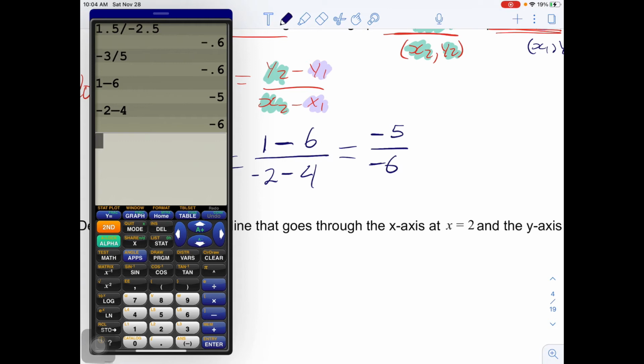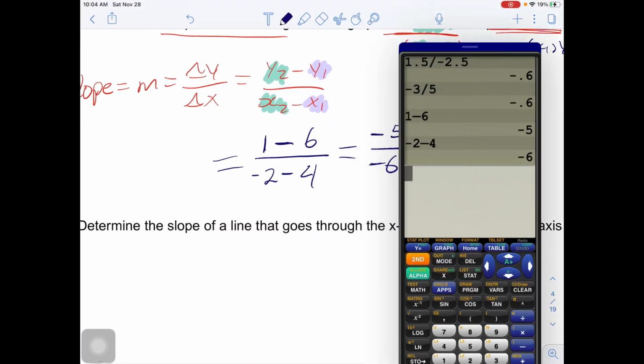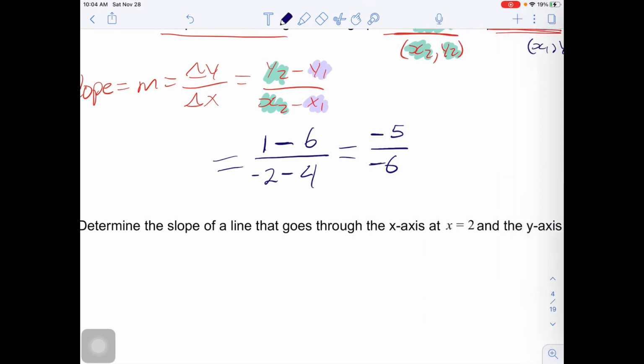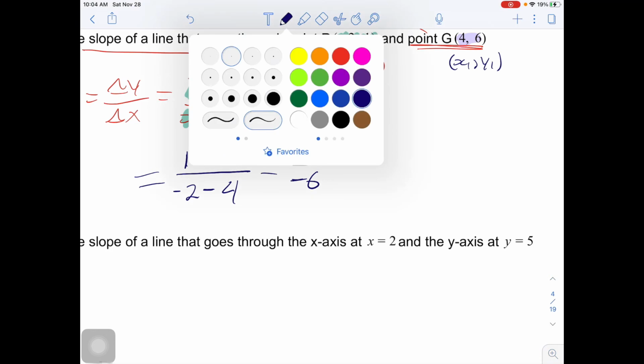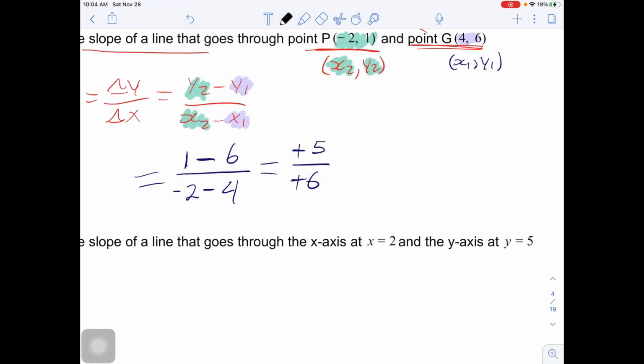And remember, you want to keep slope as a fraction, if at all possible. So what I'm going to do, I'm not going to divide these. I'm just going to leave it like that, and I'm going to just simplify. So 5 and 6 aren't divisible by same numbers, but our negatives here do cancel out. So this will end up becoming positive 5 over positive 6.